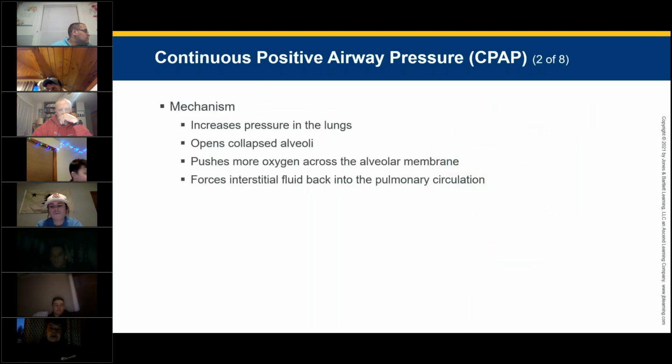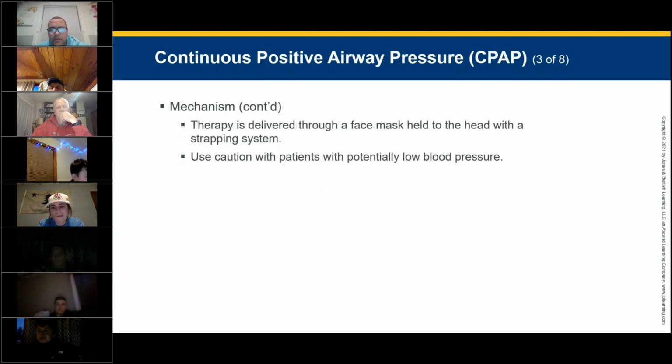So CPAP works by increasing the pressure in the lungs, which will open the collapsed alveoli and push more oxygen across the alveolar membranes, forcing interstitial fluid back into the pulmonary circulation. So effectively, CPAP is just increasing the pressure. The therapy is typically delivered through a face mask, which is held to the head with a strapping system.